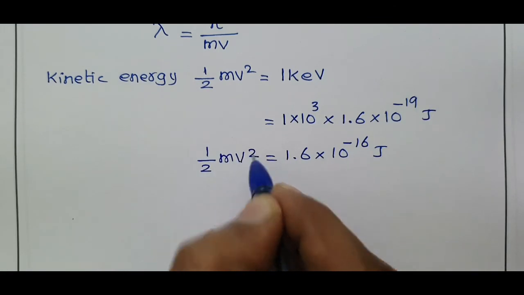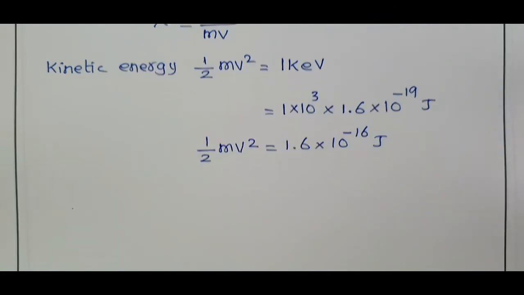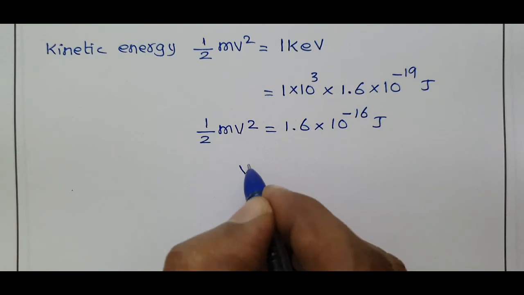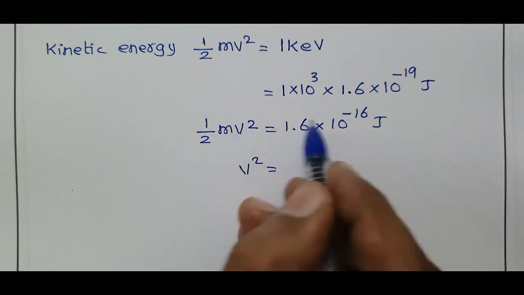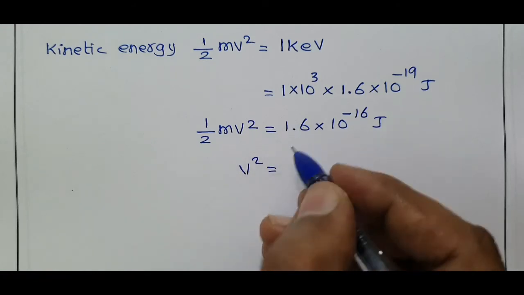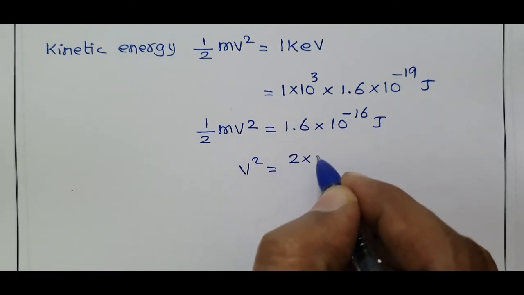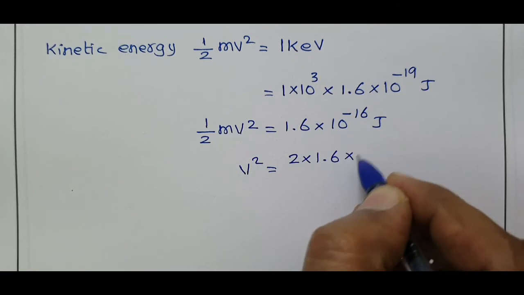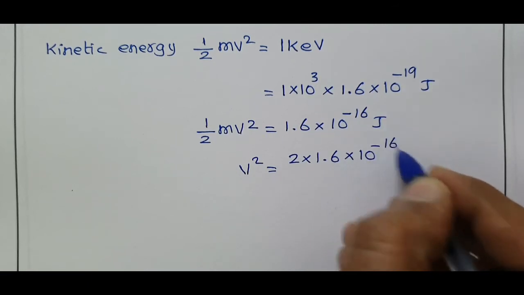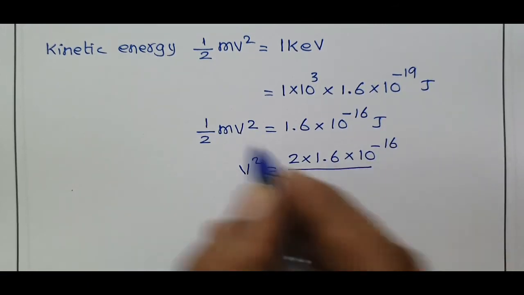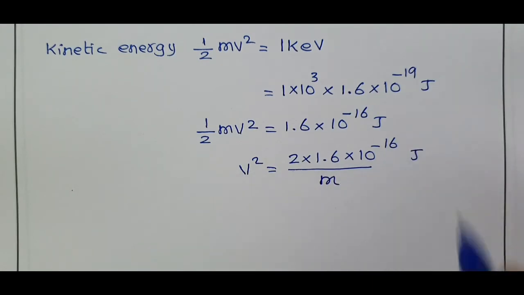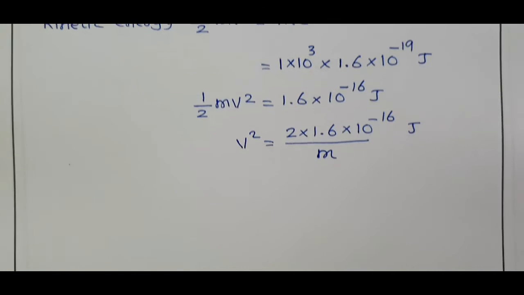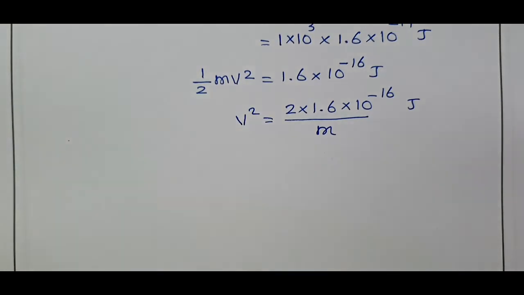From this, we have to calculate v first. So v squared equals, bringing the 2 and m to the right hand side, the numerator becomes 2 into 1.6 into 10 power minus 16 divided by m, the mass of the electron. The numerator is in joule. I will convert the joule into kilogram.